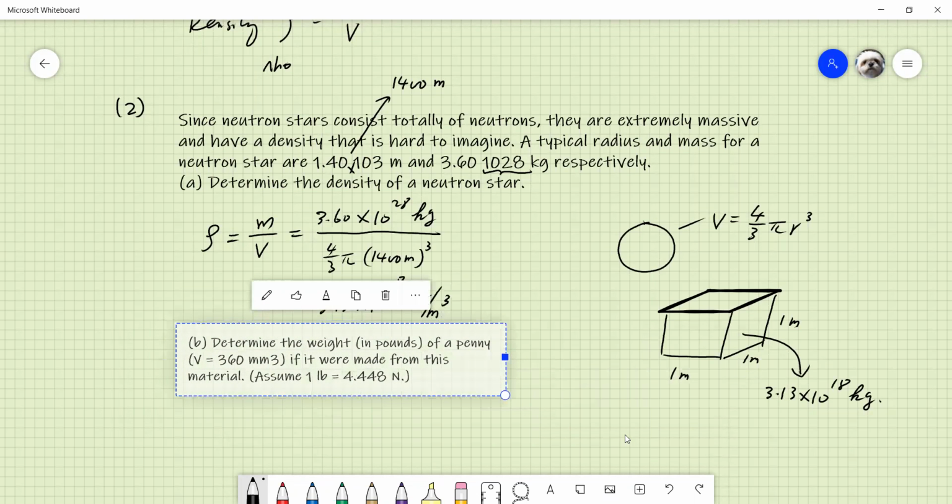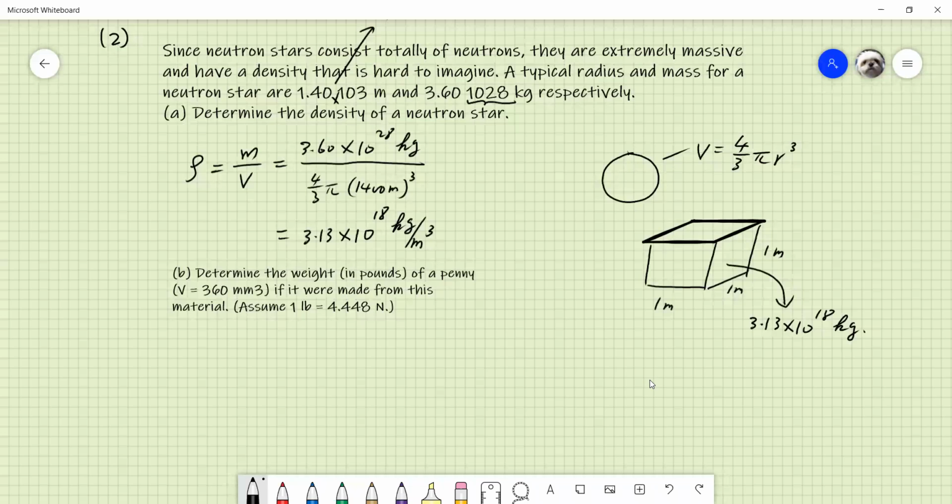How are we going to do that, right? We want to find the weight. First, the mass is equal to density times volume.